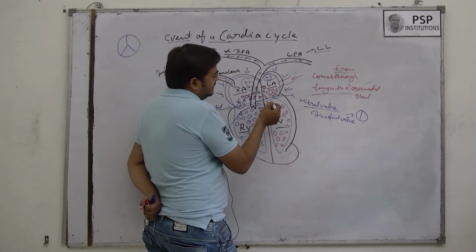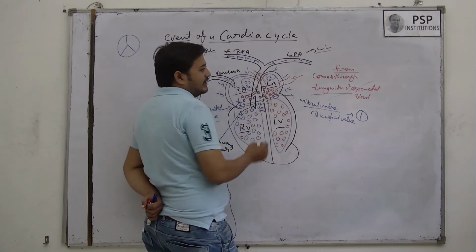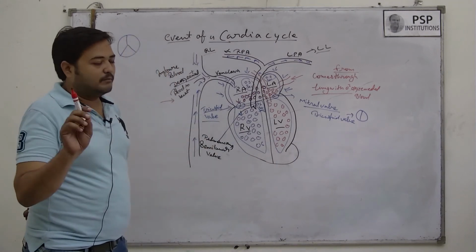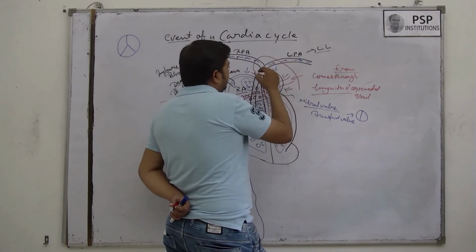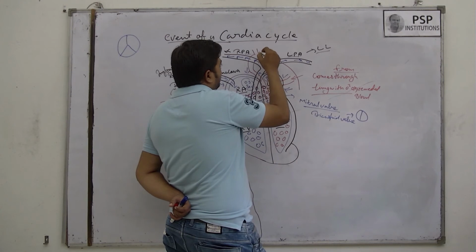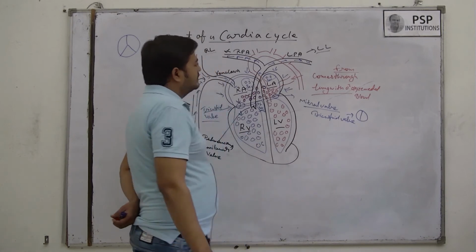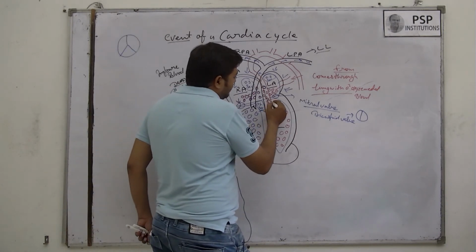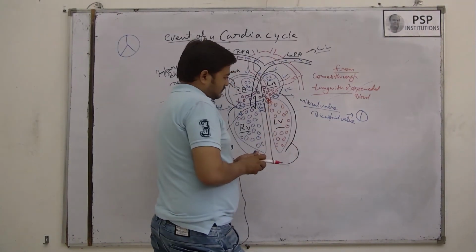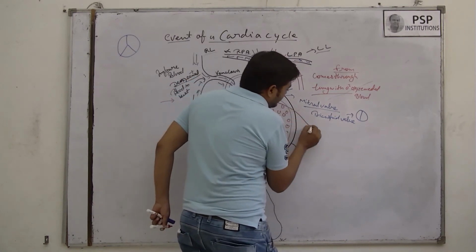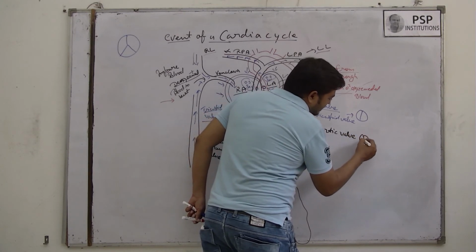So we go forward and discuss the blood which comes into the left ventricle. From here there is the aorta, the largest artery of the human body. From this aorta the whole oxygenated blood flows. Here is also a valve called the aortic valve, and it is tricuspid.